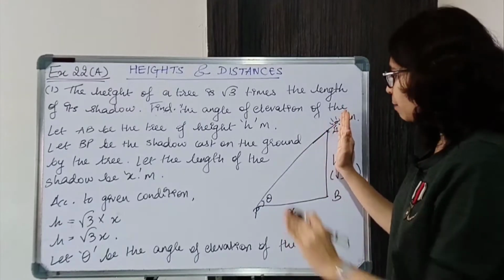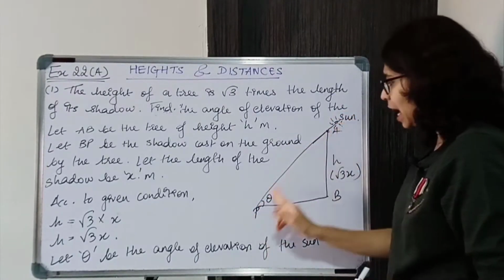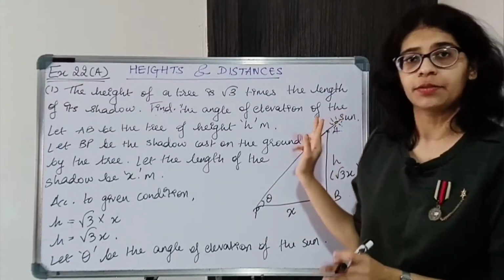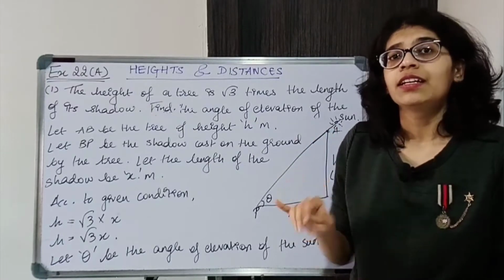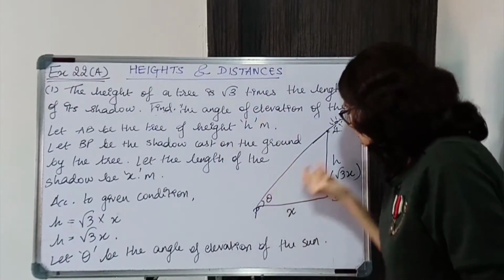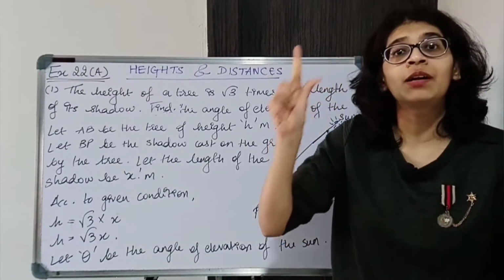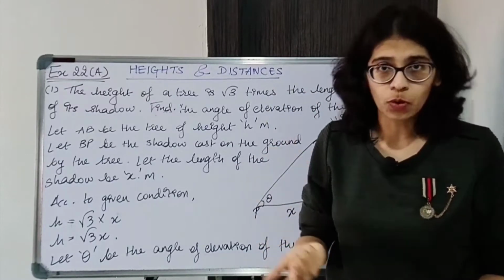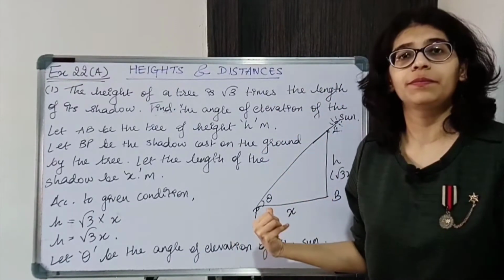The sun is here, and it will cast the shadow of the whole tree here. So the sun will lie along this line of sight. Now theta we need to find. For theta we'll consider tan theta, because we know the opposite side and the adjacent side of theta, and opposite and adjacent come in tan theta. So tan theta is AB upon BP.